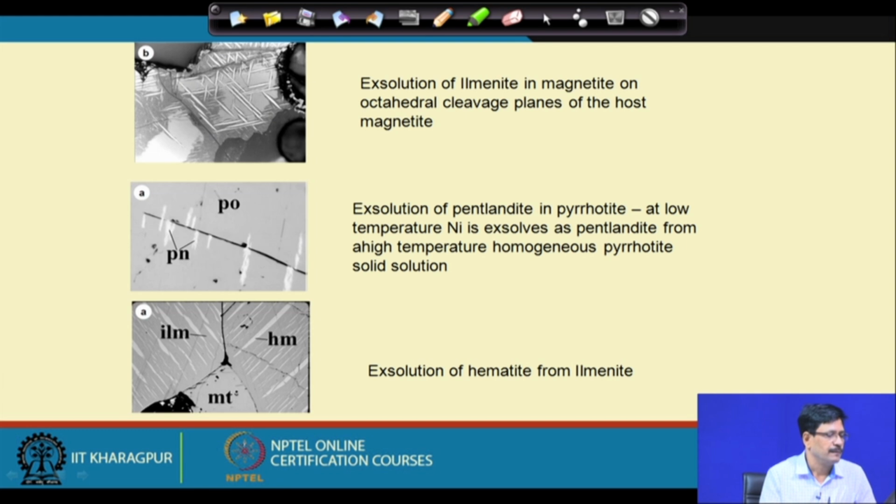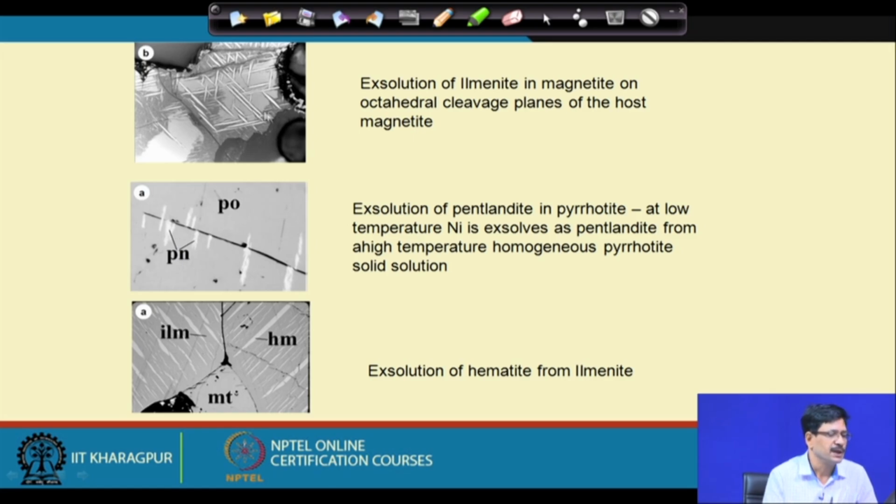By looking at these kinds of images, you see that if here there are 2 minerals present, this is quite different from the situation depicted here. This is pyrrhotite and pentlandite, which is nickel sulfide, and this is iron sulfide.